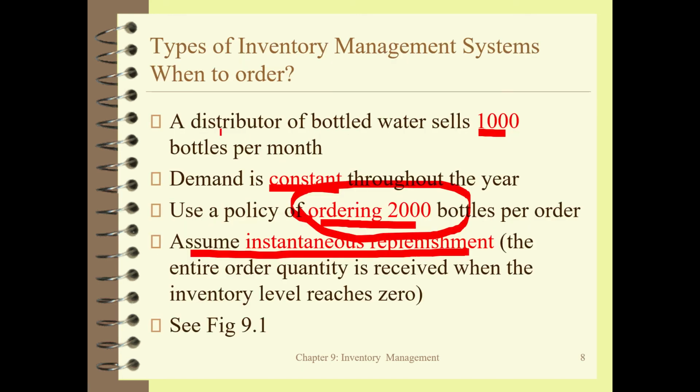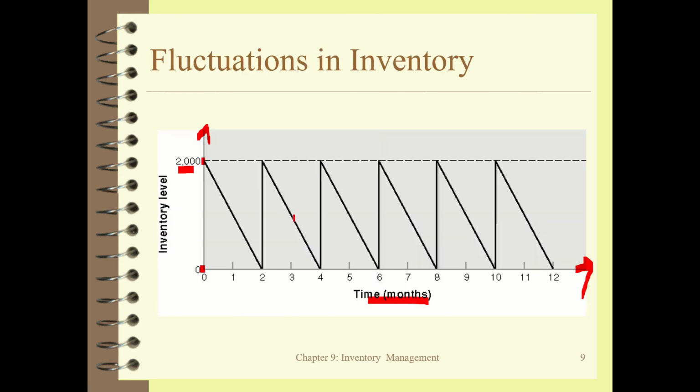This company sells 1,000 per month. So after the first month, the inventory level is reduced to 1,000.